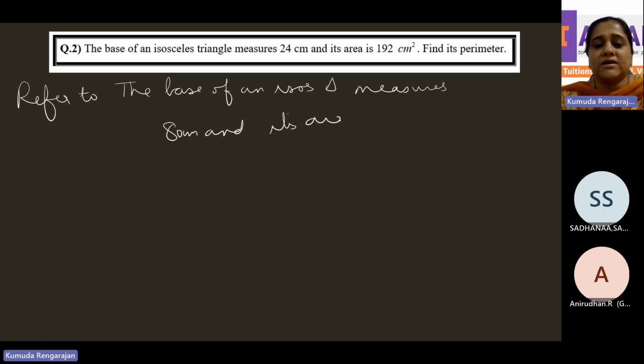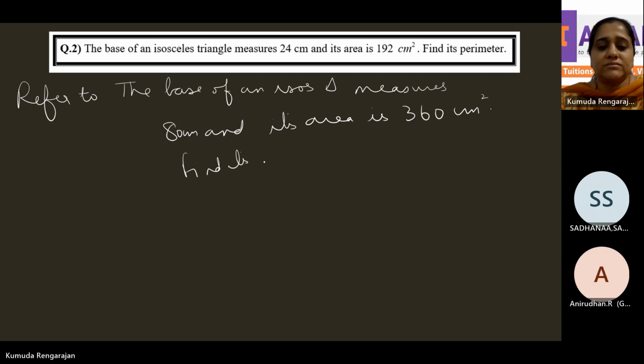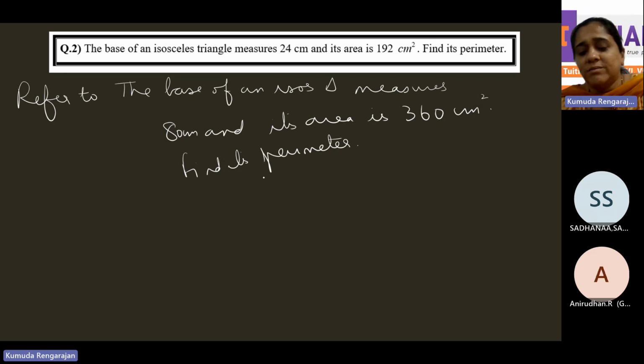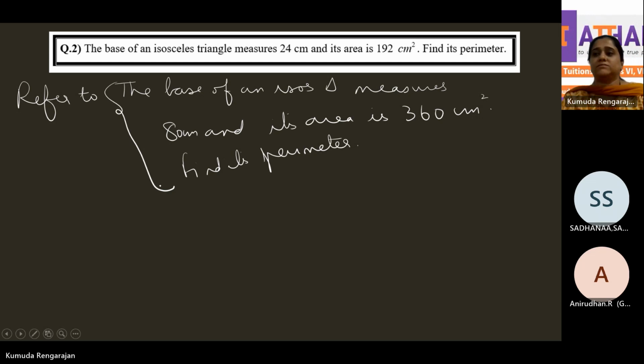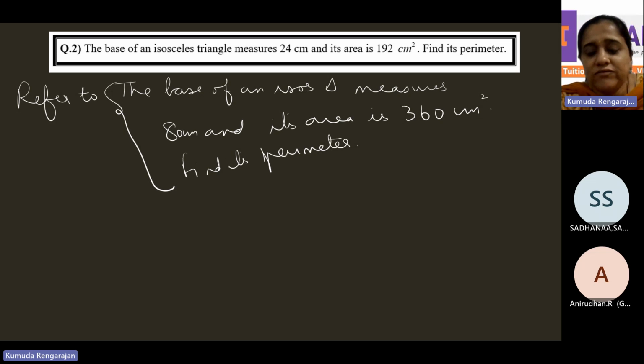And its area is 360 centimeters square. Find its perimeter. We have done the sum. We have done a similar sum earlier, children. This is the question we have done earlier. Refer to the procedure here and do the sum. You can refer. All of you can turn back, flip the pages back, go through the answer and work this.